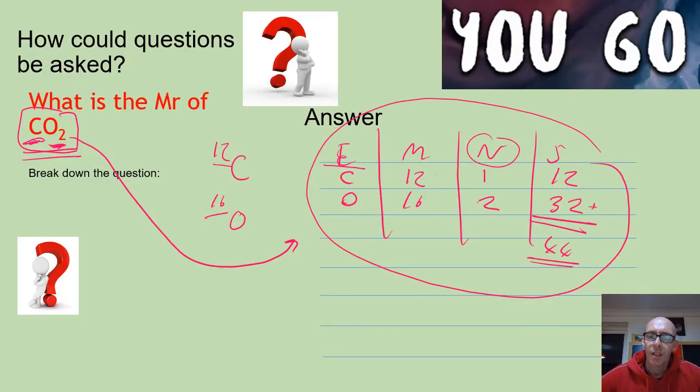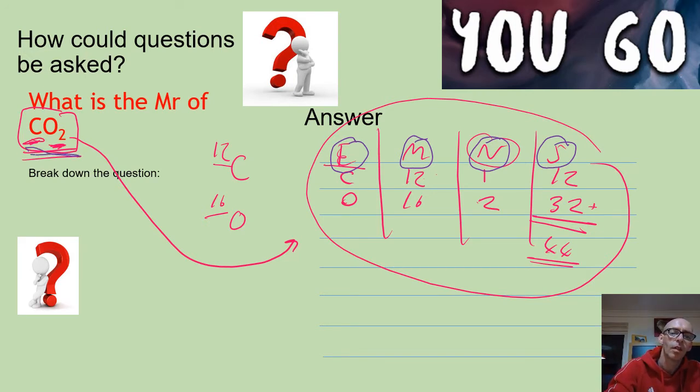And then we did this method. I'll change colour pen for a minute so it stands out from the last lesson. So the element, the mass, the number of that element, and then the subtotal. For CO2, the last thing you did, it has the elements carbon and oxygen. Carbon weighs 12, oxygen 16.